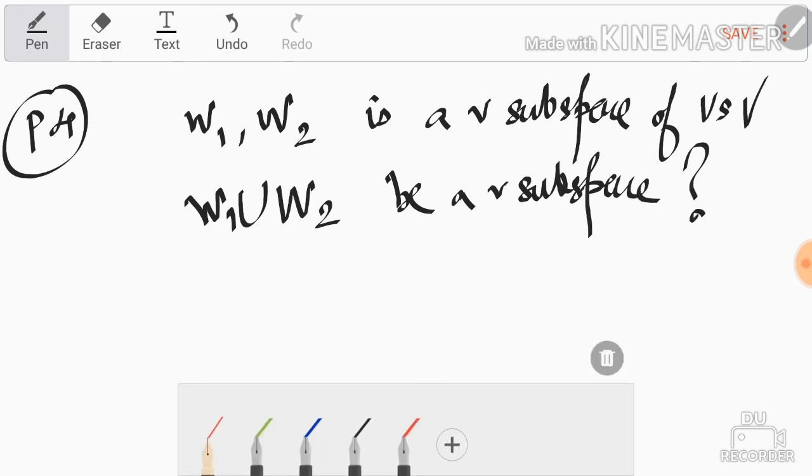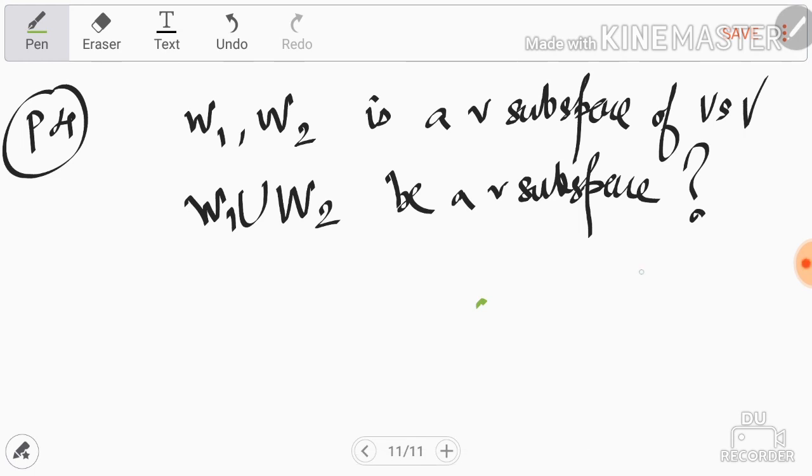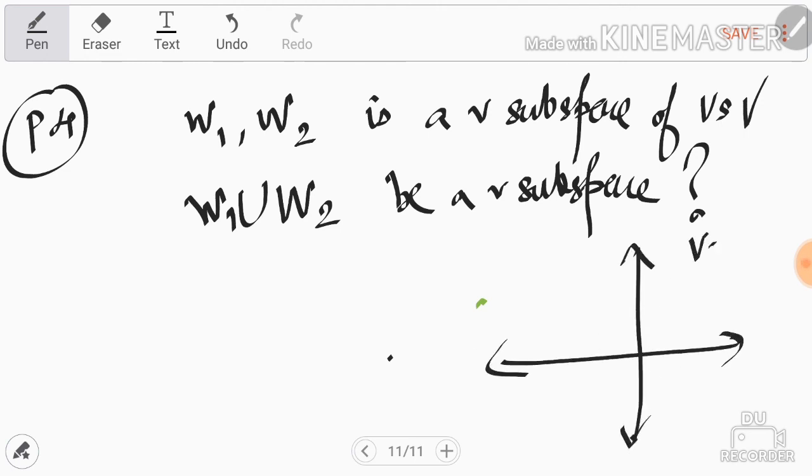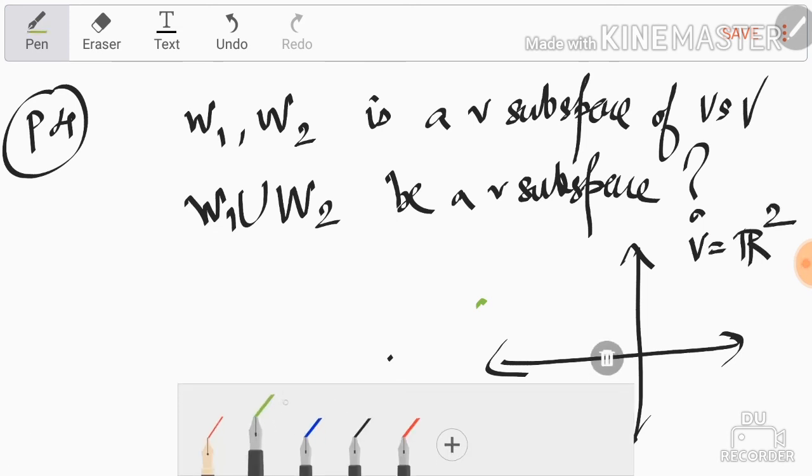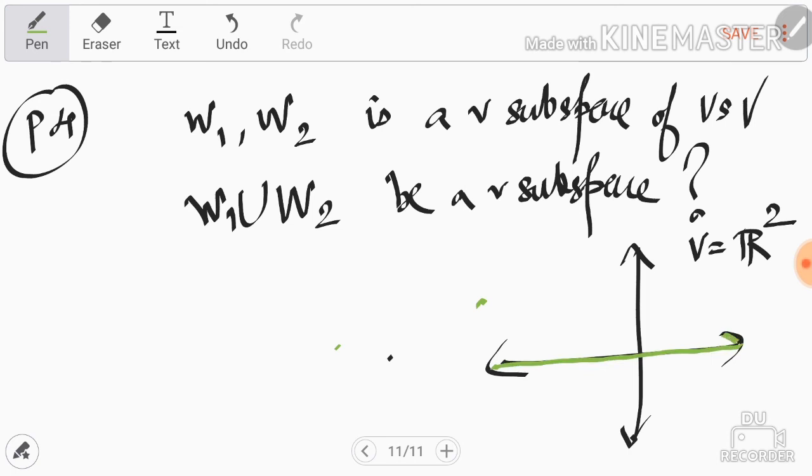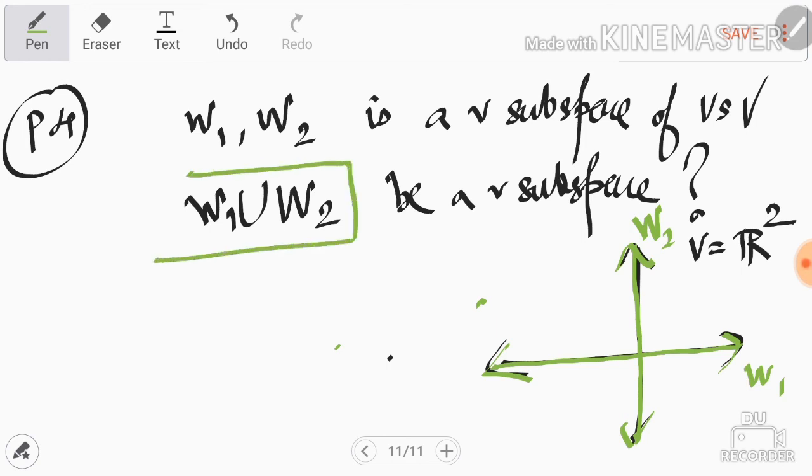And the answer is no. Let's take, for example, again our favorite example, R2. Let's take our V to be R2. Let's take our W1 to be the x-axis, and our W2 to be the y-axis. So when you take the union W1 union W2, it's nothing but the cross that you see.